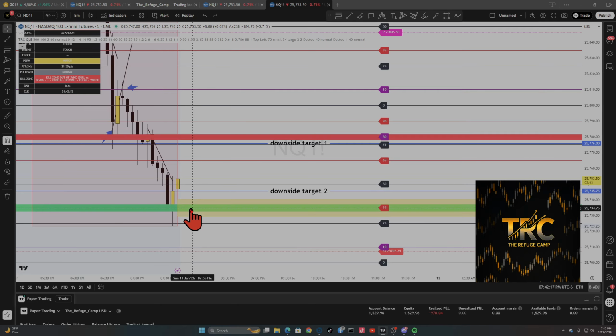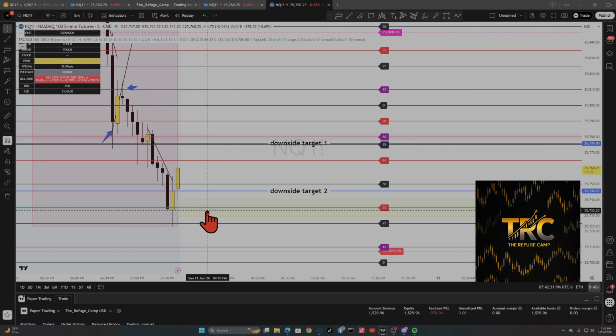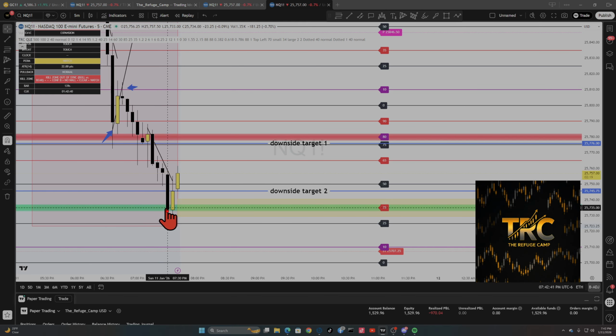So if you're looking for a short position, take an entry near the closest resistance. If you're looking for a long position, take your entry at the closest support position. Make sense? Yes. Mhm. And this indicator will help you identify where that closest level is.